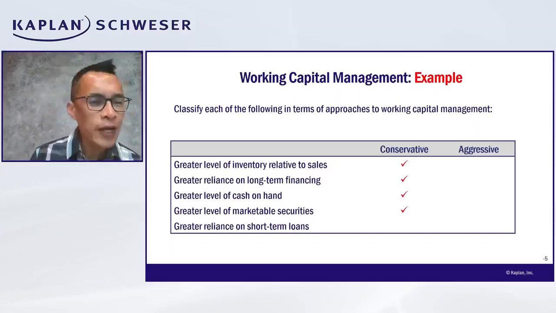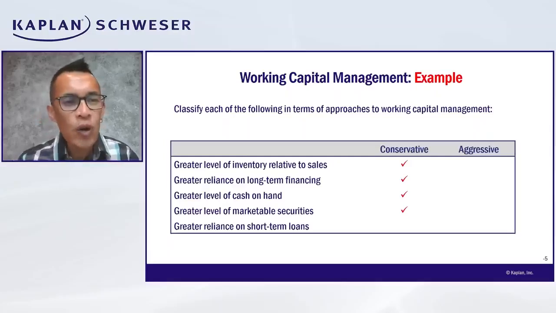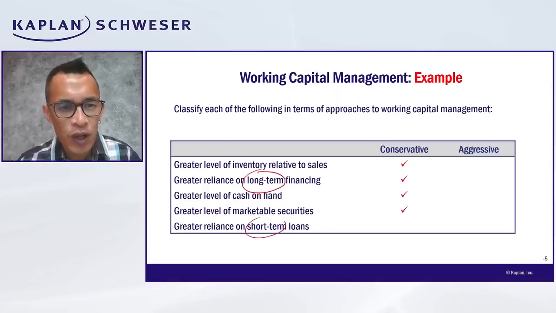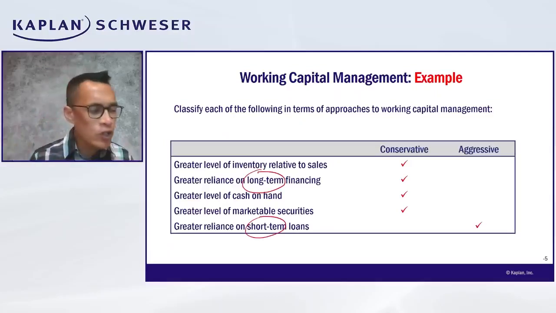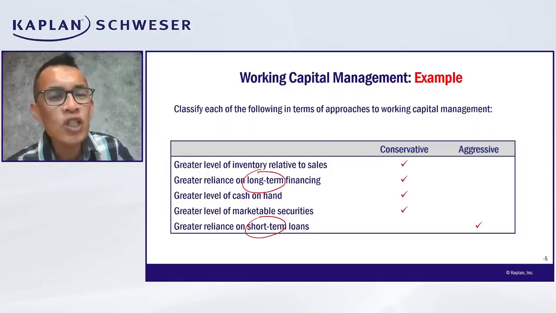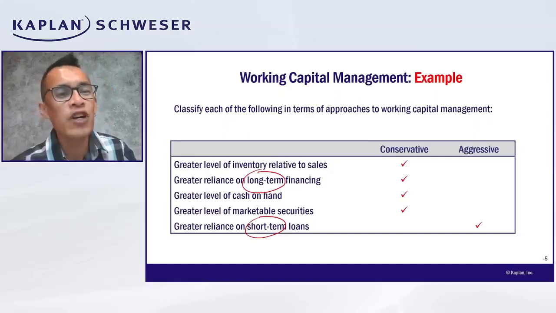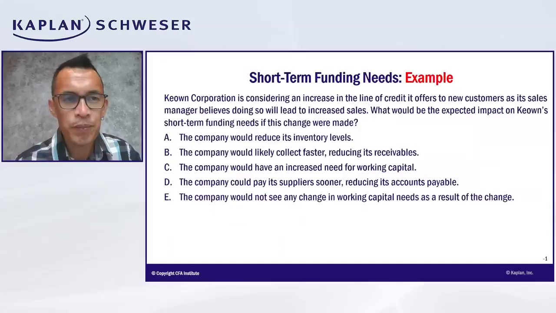Now, the reliance on long-term financing is characteristic of the conservative approach. So, in contrast, if I can just point this as long-term, not short-term. In contrast, we're going to see that reliance on short-term loans or financing is characteristic of the aggressive approach.